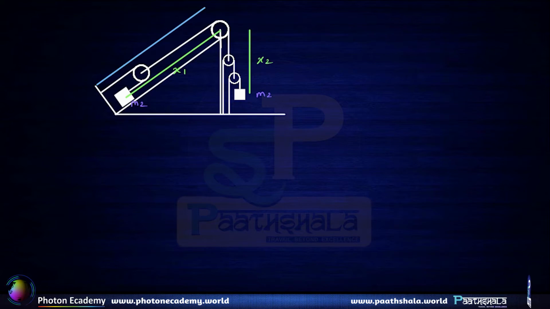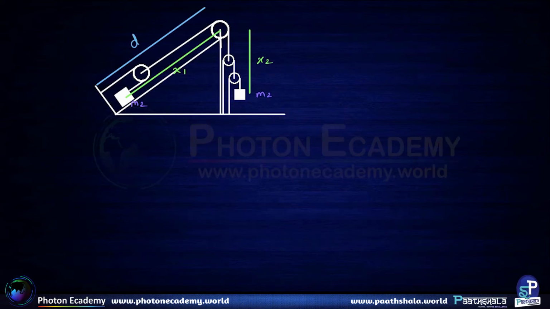So let us say this is the fixed distance d, that happens to be the distance between two rigid supports, and let us say this distance happens to be equal to xp1.